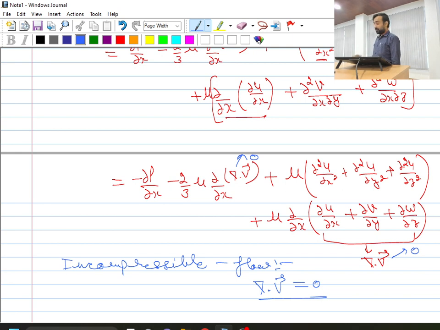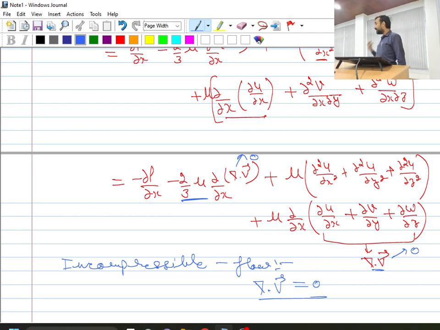Another important point why this hypothesis is truly acceptable for incompressible flow is that whenever we are writing incompressible flow, then divergence of velocity vector is becoming equal to 0. So this term which was having involvement of lambda is actually completely becoming 0, because for incompressible flow divergence of velocity vector has vanished.